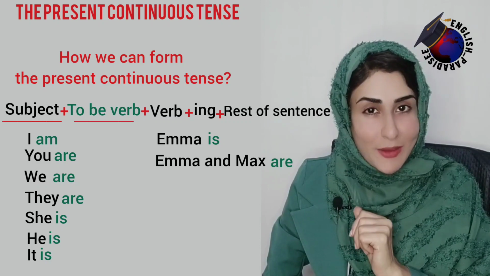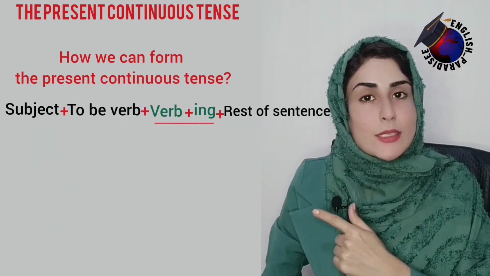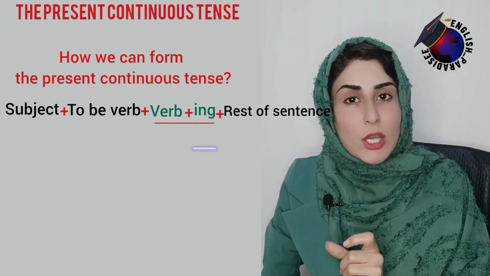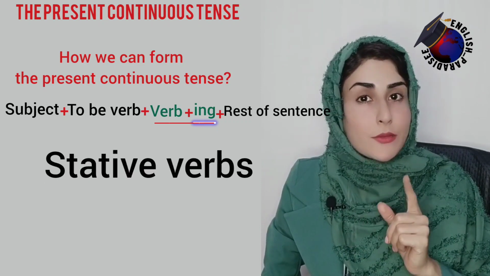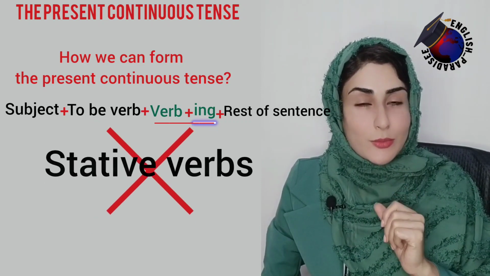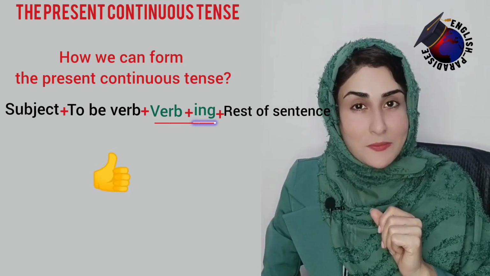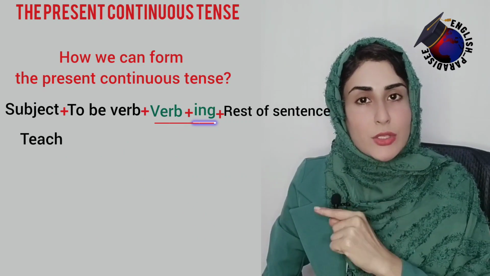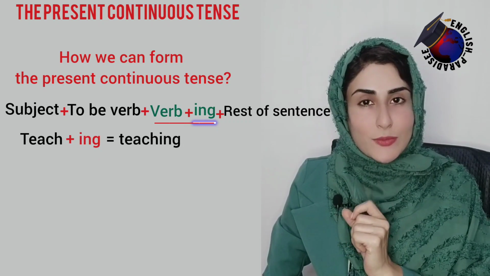Remember this point, okay? Now then we have a verb plus ing. We can add ing to most of the verbs, but not stative verbs. Remember this point. I'll talk about stative verbs in the next video, okay? For example, the verb teach. Add ing to it, it becomes teaching.